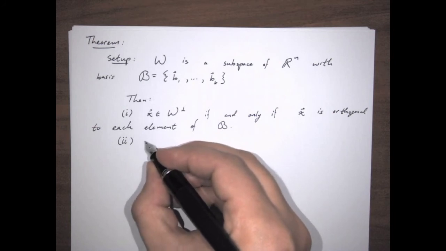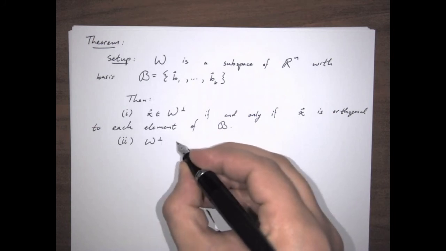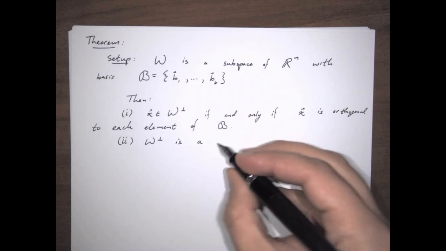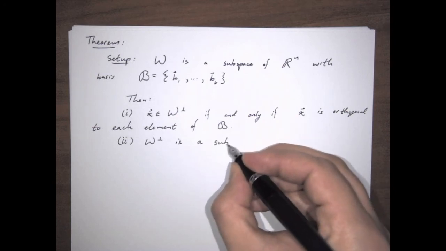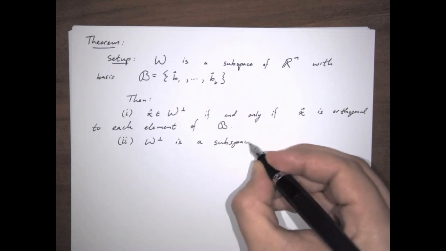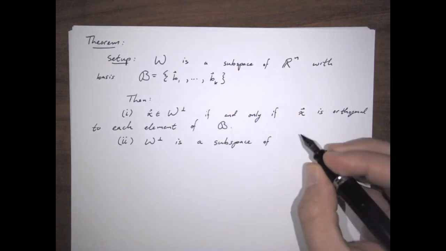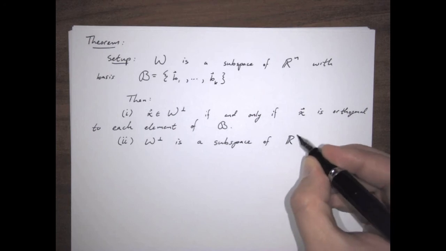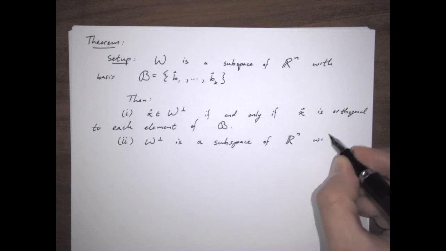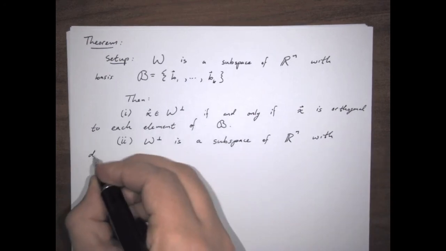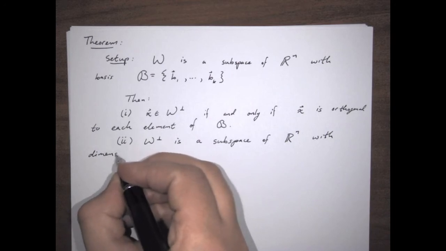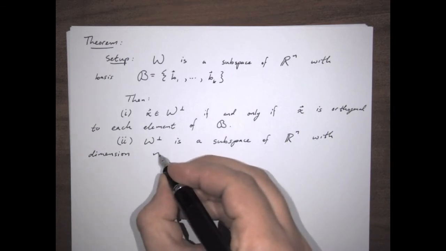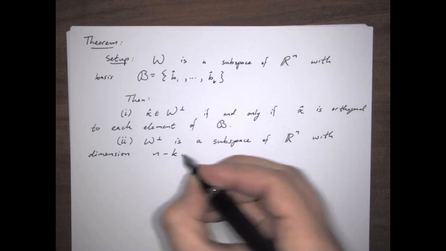Number 2, W perp is a subspace of Rn with dimension n minus k.